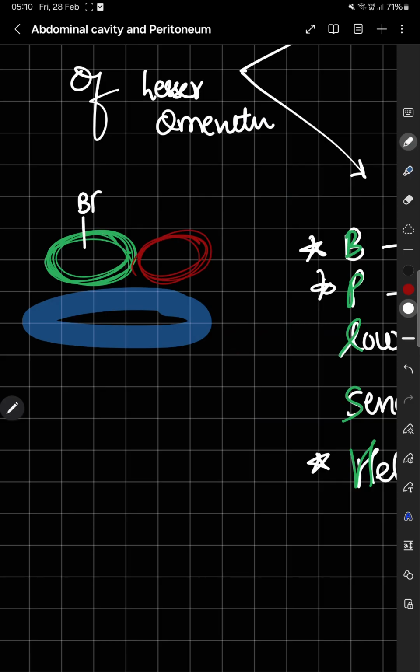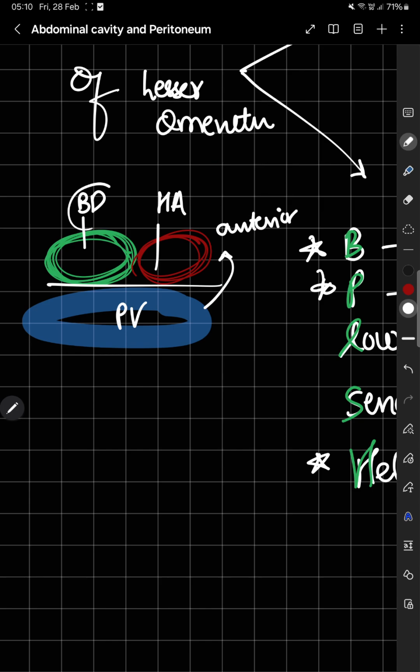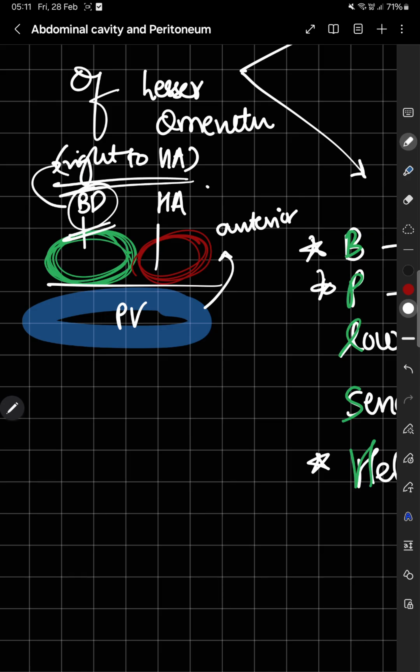So our bile duct and hepatic artery are always anterior with respect to this, and our bile duct is always towards the right. This is right to hepatic artery. It's towards the right side, but in the diagrams it will appear to be towards the left side.